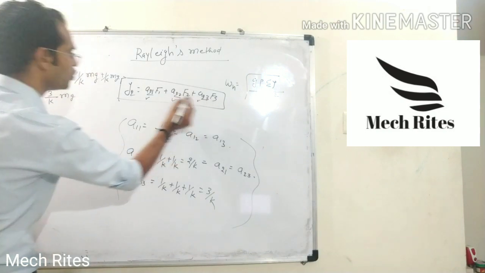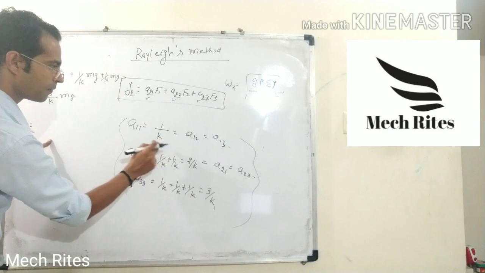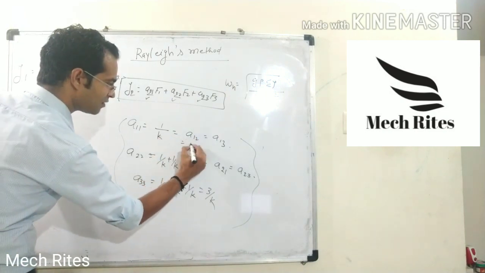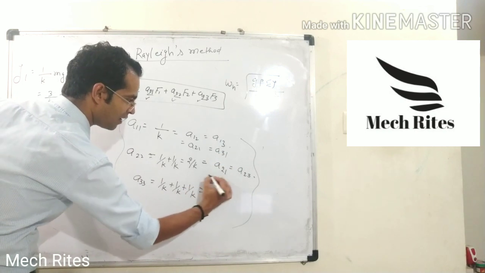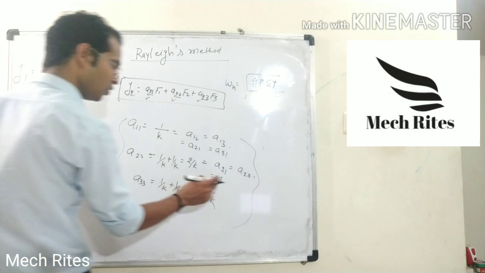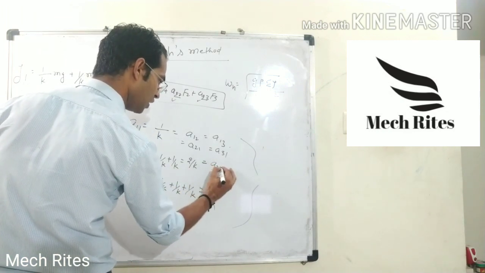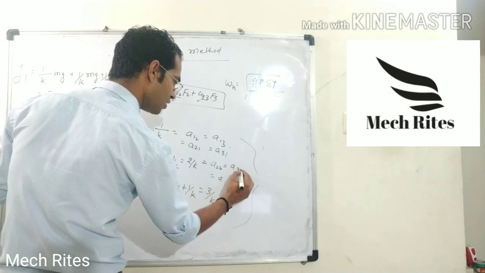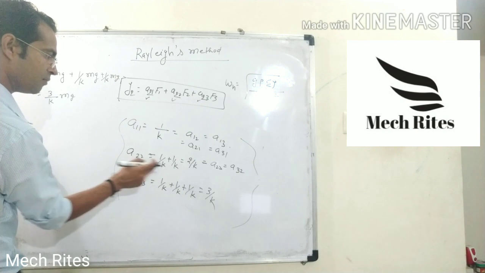Similarly y2, if I solve y2, it will be A21, A22, A23.